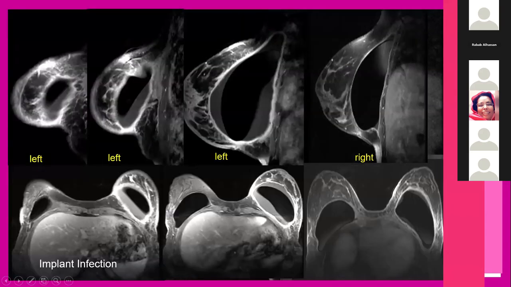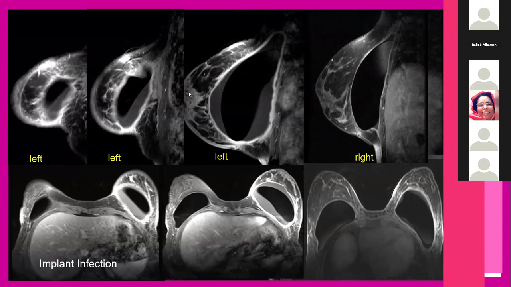Here you can see the post-contrast and the periprosthetic fluid or seroma. This is the fluid. The fluid is simple, not enhanced, no septations, which is very important. There is no septation, no enhancement, nothing.